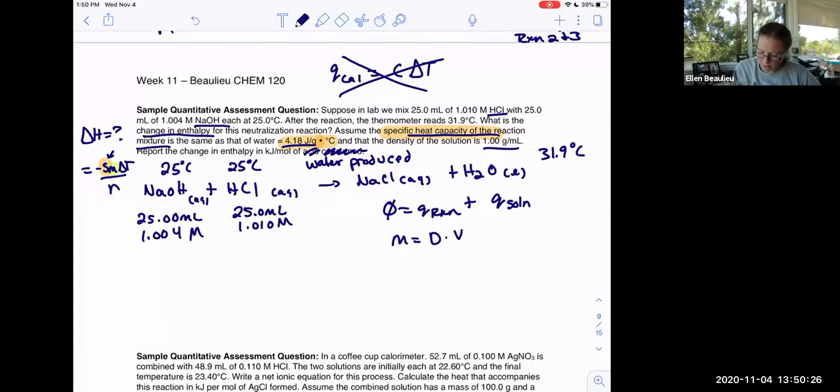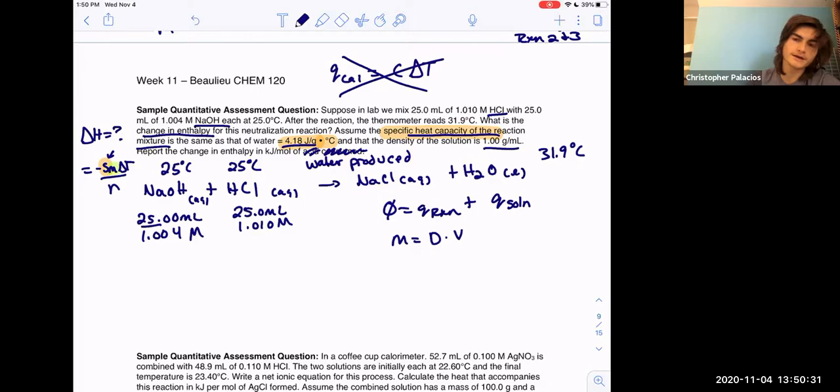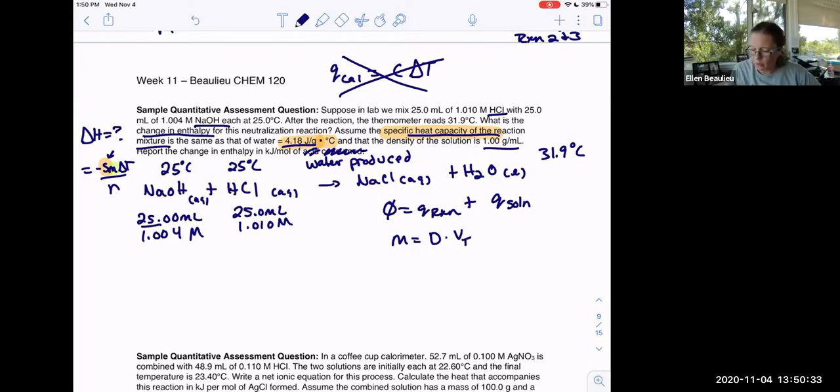You said both. Am I just going to use 25? Both of them added. Yeah, I need the total volume. So I'm going to take that density of water and add the total volume. So I'm going to get 50 grams. Okay, here's my mass contribution. I'm dealing with density and the total volume.